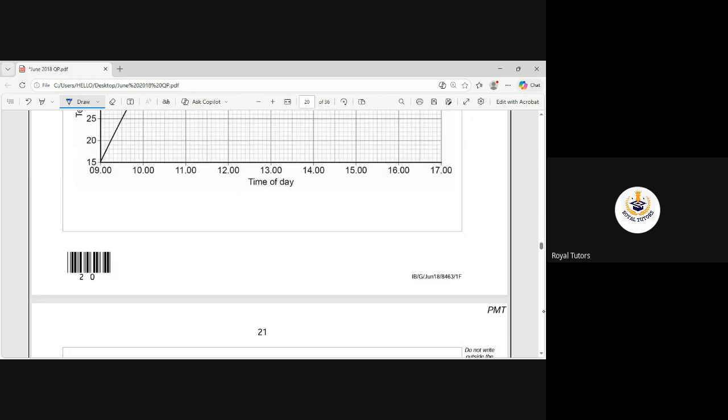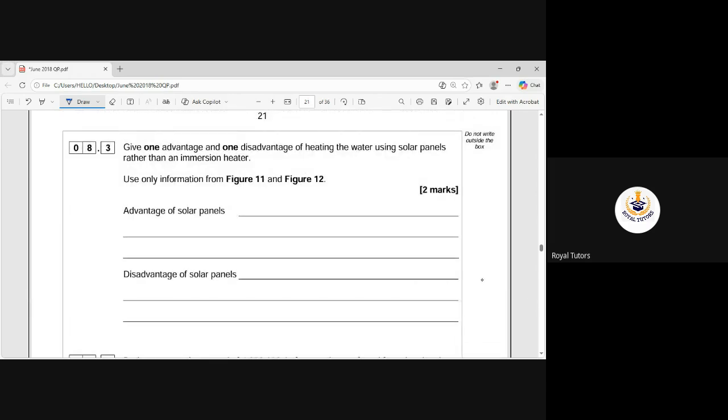Now, let's look at the question. It says, give one advantage and one disadvantage of heating the water using solar panels rather than an immersion heater. An immersion heater is just like a boiling ring that you put inside the water to make the water very hot. If you are to talk about the advantage of the solar panel, it is that the solar panel gets its own source of energy from the sun.